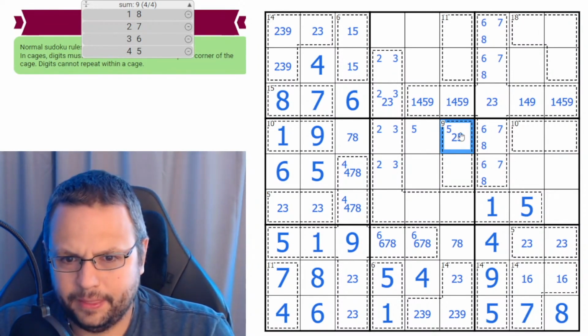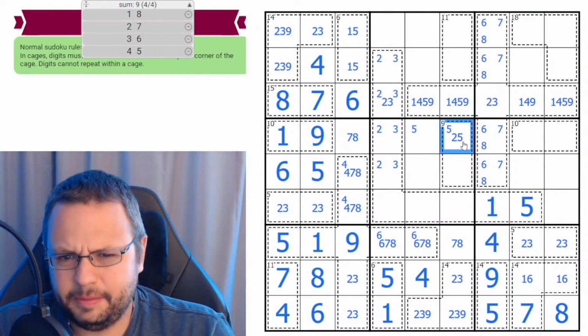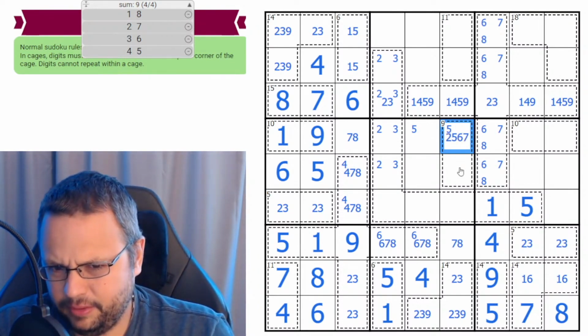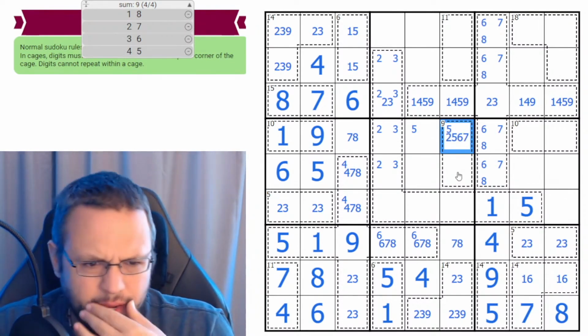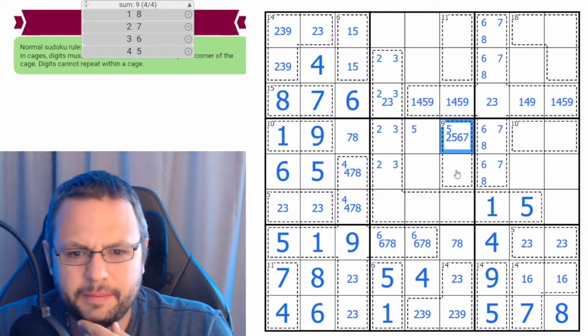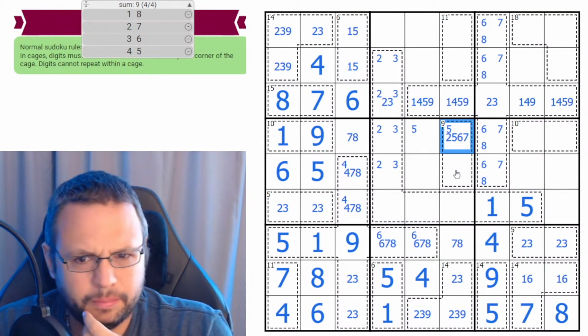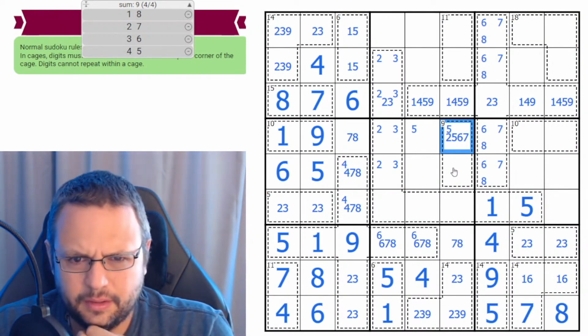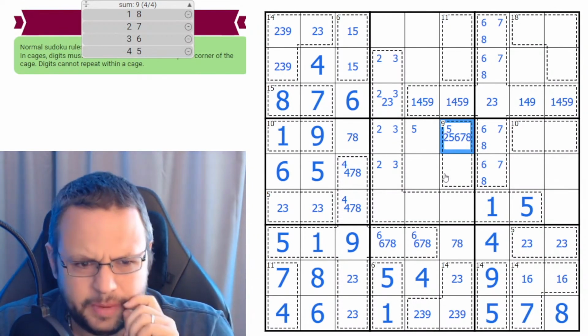I think it could be 6, with this being a 3. Or 7, with this being a 2. There's a 7-8 pair looking at it around the plus. I think it could be 8.